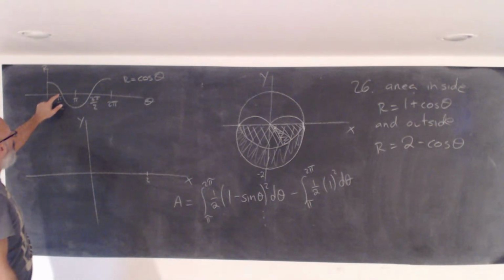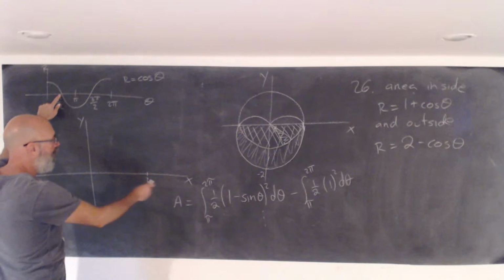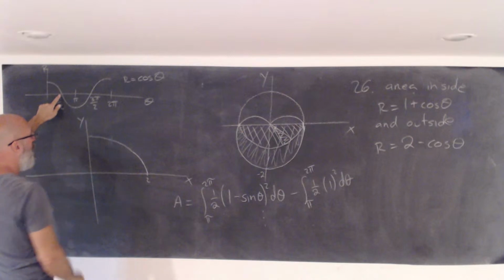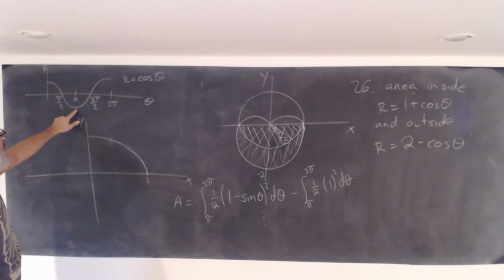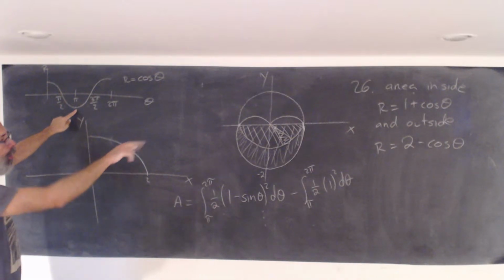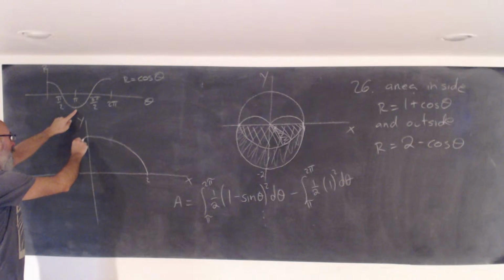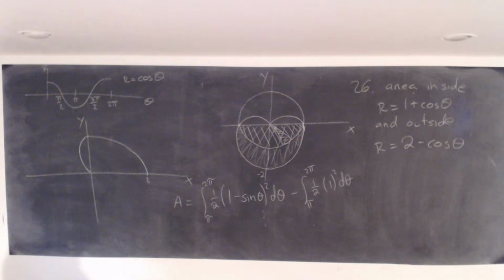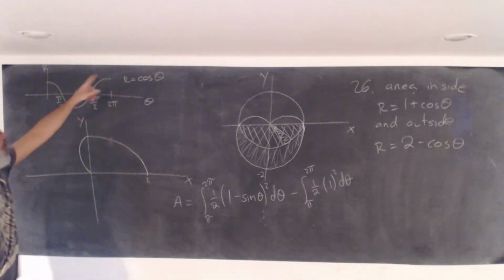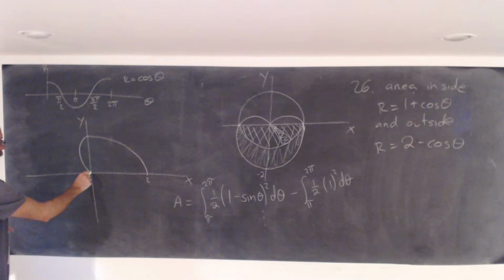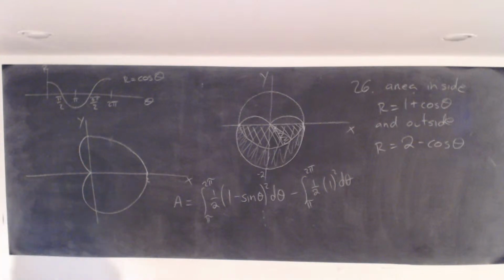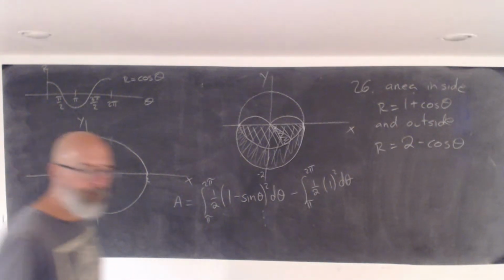It's going to decrease, cosine decreases to 0, so r decreases to 1 at pi over 2. And then r keeps decreasing to -1 at pi, so r goes all the way to 0 at pi. And then it just does the opposite. So again, you have this sort of cardioid here happening.